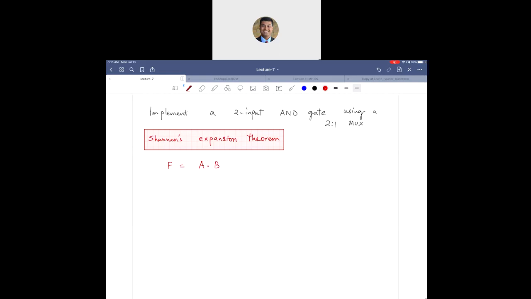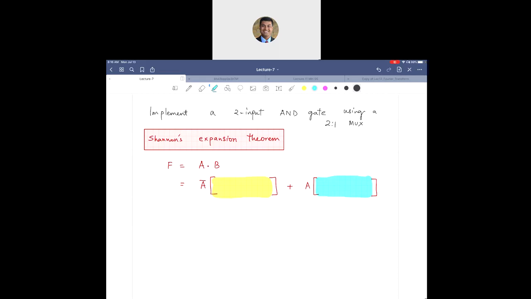Now, if I want to use Shannon's expansion, then I need to write the same expression in this form: A ANDed with some logic function, or A complement ANDed with another logic function, such that all of this becomes the top input to the 2:1 mux, and all of this becomes the bottom input to the 2:1 mux.